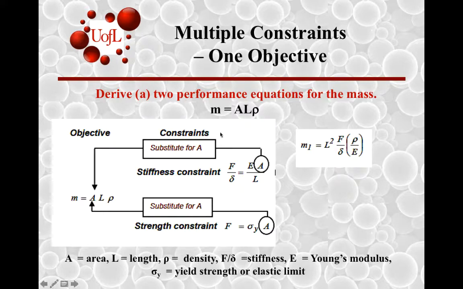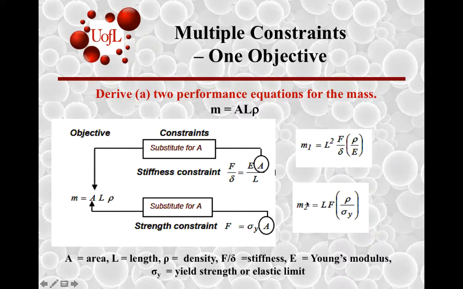If you go through replacing A into this equation for M, first, based on the stiffness constraint, you should get a mass that is L squared times F over delta times rho over E. So L is the geometric constraint, F by delta is the functional constraint or functional index, and rho by E becomes your material index.